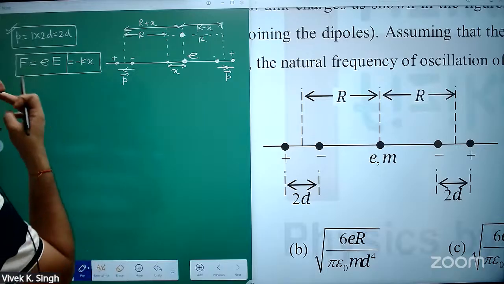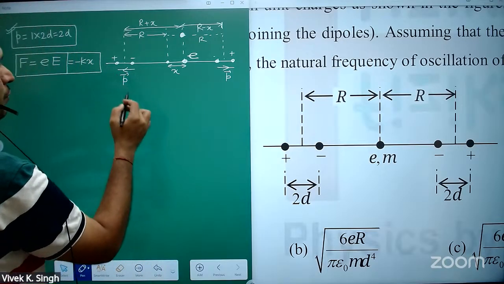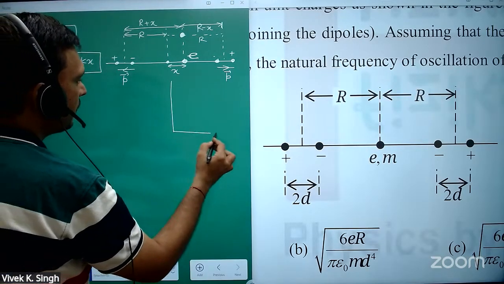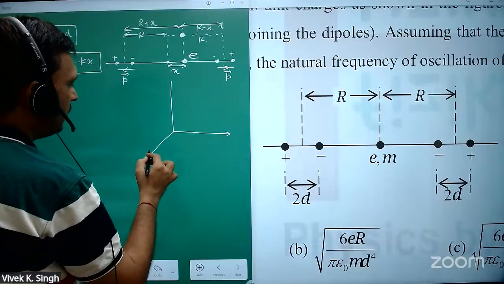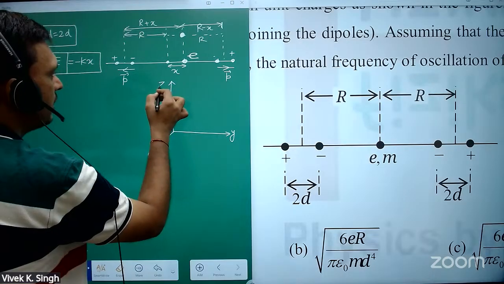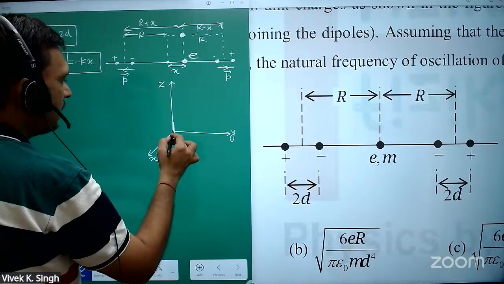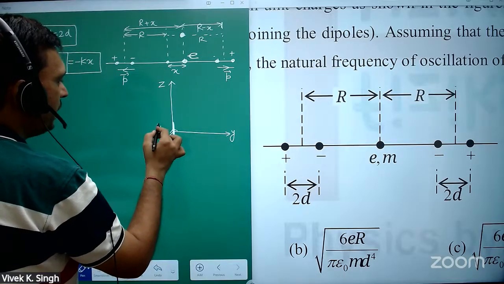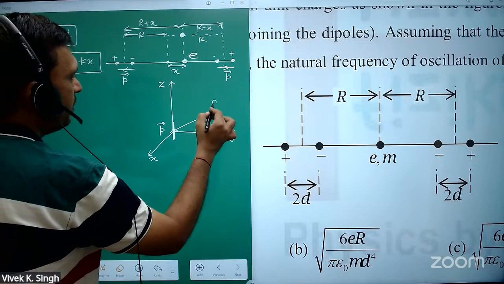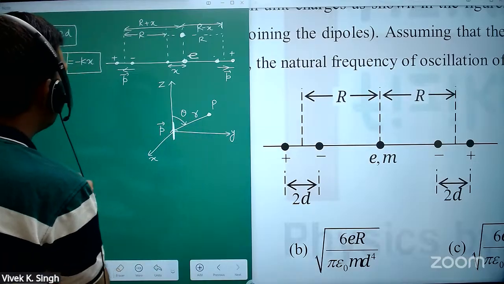So, what is the field due to a dipole? If the dipole is along the z direction, you know that in this symmetry, if this is the x direction, this is the y direction, and this is the z direction. If the dipole P is placed along the z direction, at any point P, what will be the electric field?